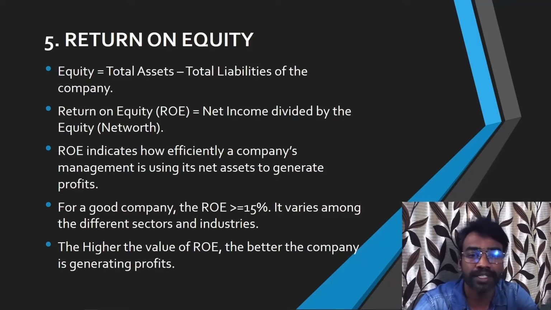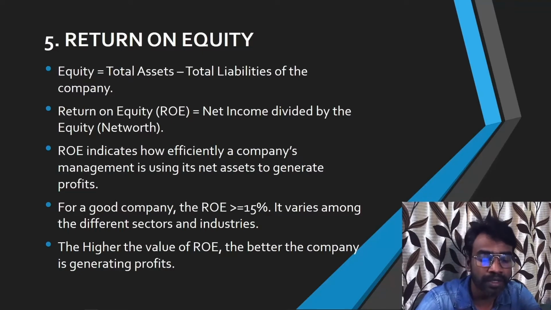I will repeat the definition again. Return on equity means net income divided by equity or net worth. ROE indicates how efficiently a company's management is using its net assets to generate profits.